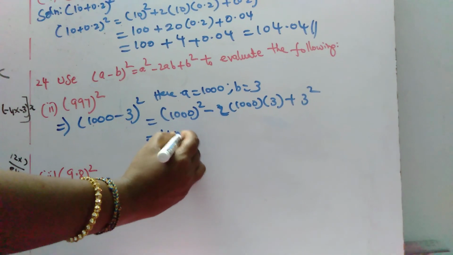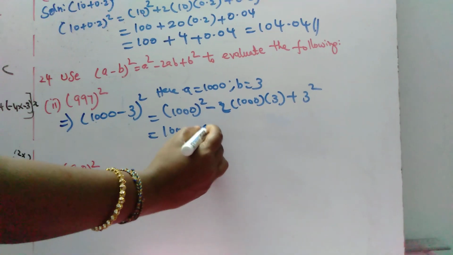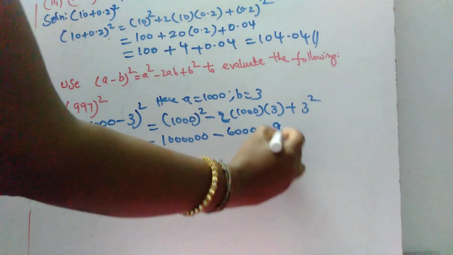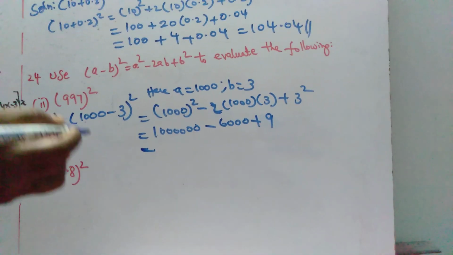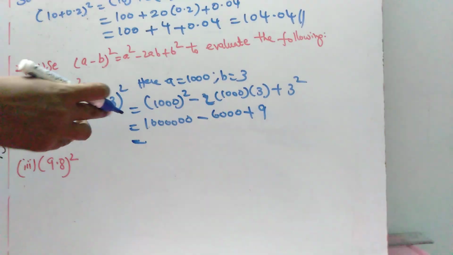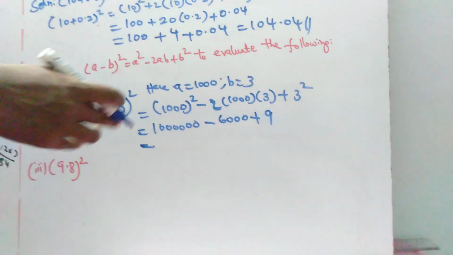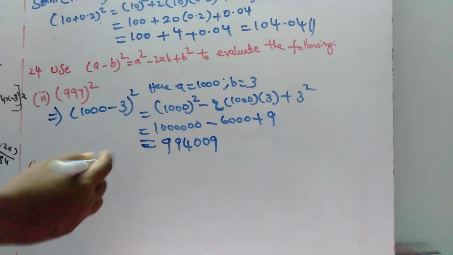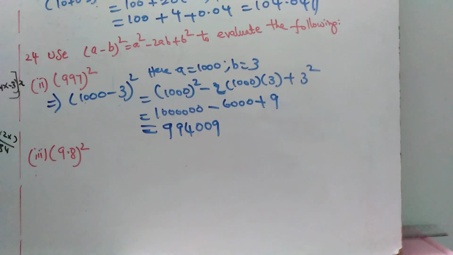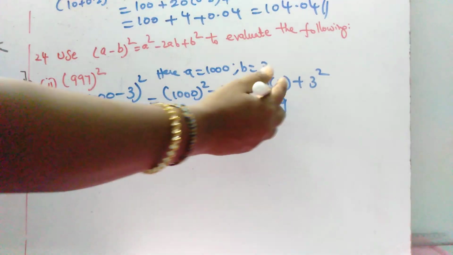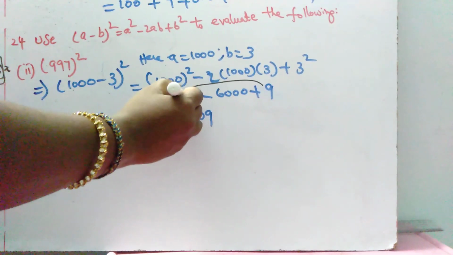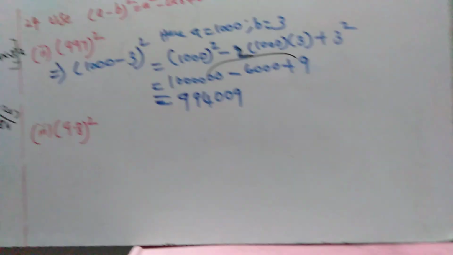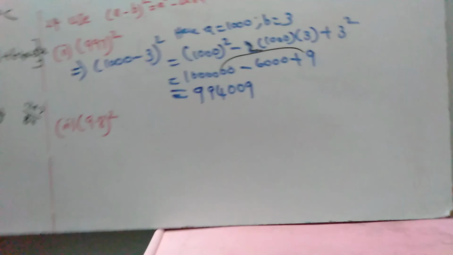Same like that, 6 zeros squaring, then minus 6000 plus 9. So we will be getting 994,009. After subtracting this with 6000, right? Okay. 994,009 is the solution of that one.